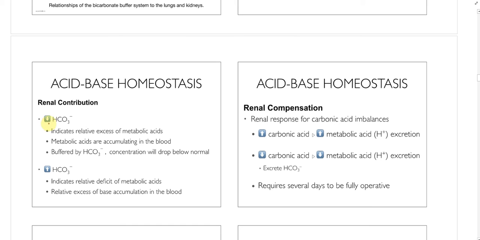If we have a low bicarbonate as measured via an ABG, that indicates an excess of metabolic acids. As bicarbonate levels go down, the pH goes down, making it more acidic, because the bicarbonate is binding with metabolic acids to try to get rid of them.